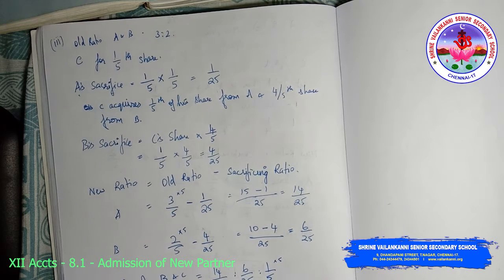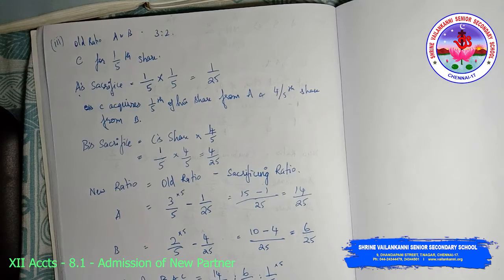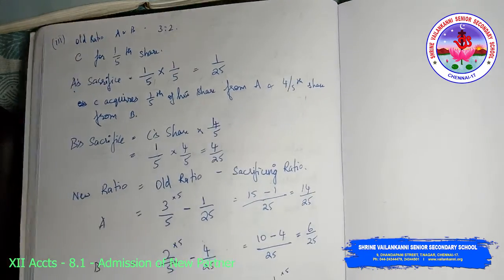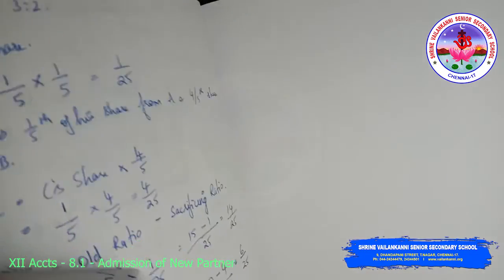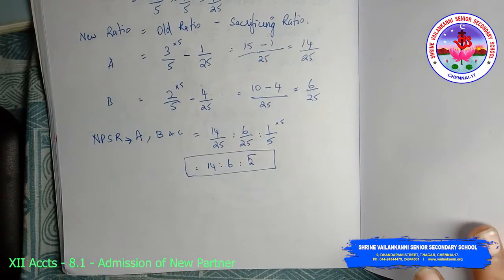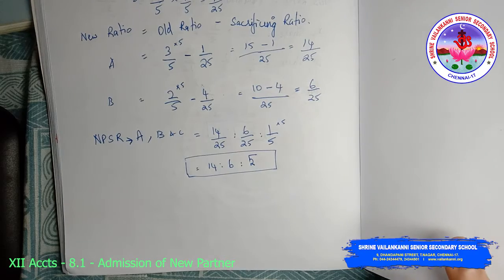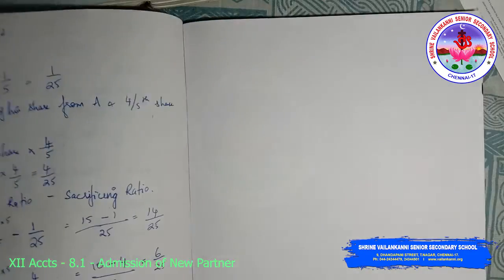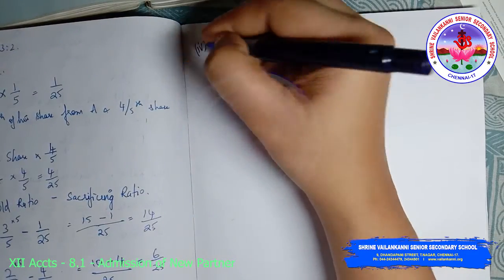So this is the new profit sharing ratio. So we have completed category 3. I hope that you are able to see this. I'm just keeping the book so that you can see the new profit sharing ratio of A, B and C.